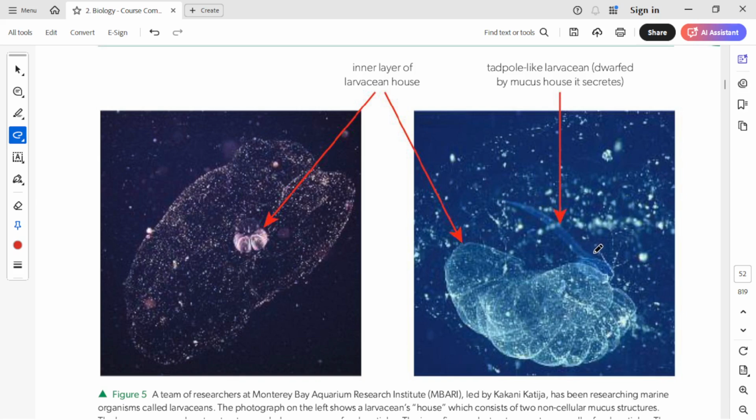This is the larvacean, and it secretes mucus and forms this larvacean house. The center thing is the larvacean house, and this outer shield is also a part of this house. The food will be trapped in the outer net, and finally it comes inside this house where the larvacean consumes it. We can see these close pictures with the help of microscopes.